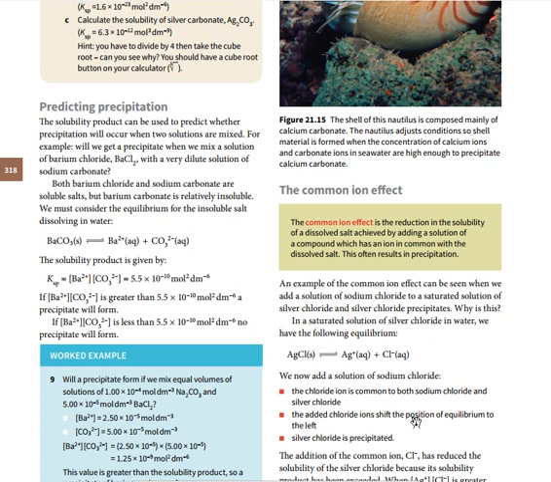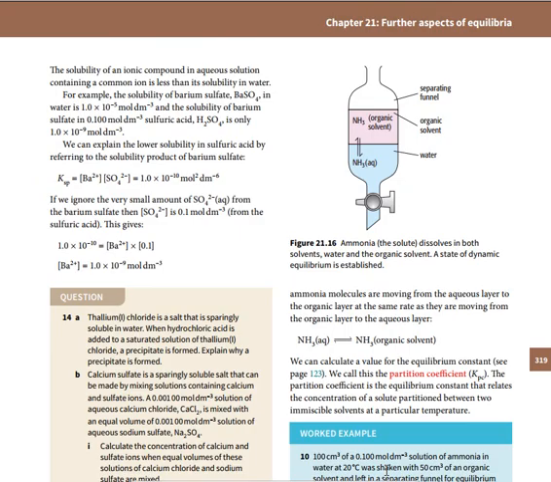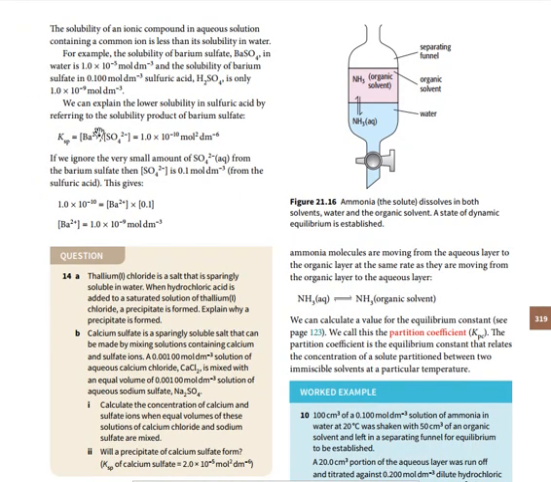The added chloride shifts the position of equilibrium. In this case, it's going to shift the position of equilibrium to this direction. Silver chloride is going to be more precipitated. The addition of the common ion, chloride, has reduced the solubility of silver chloride because the new solubility product is now going to be greater.